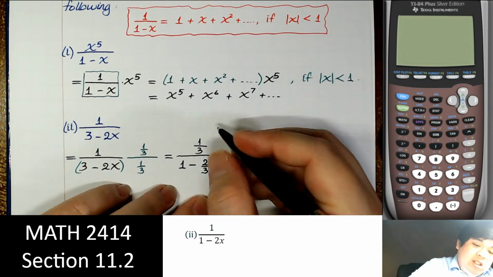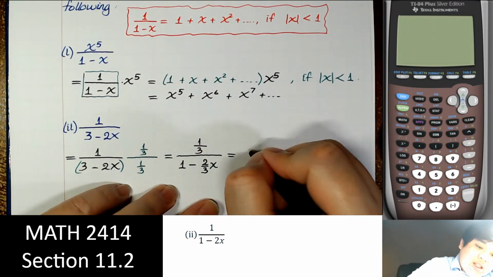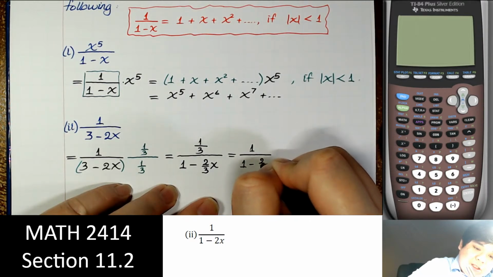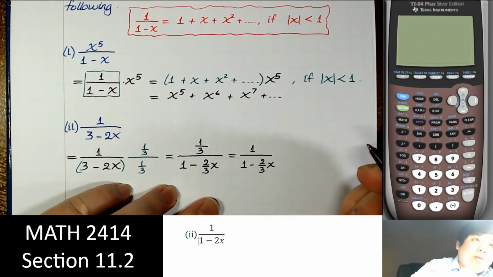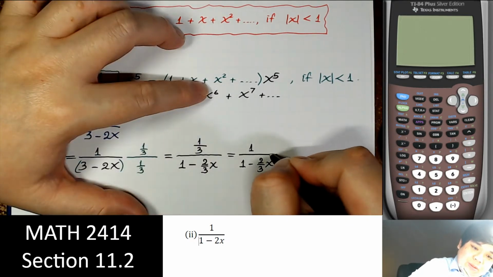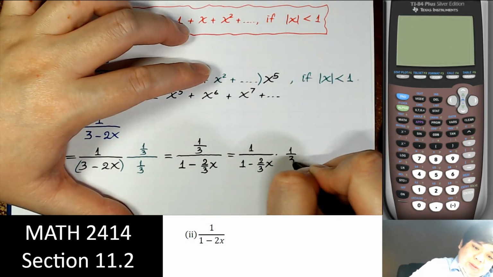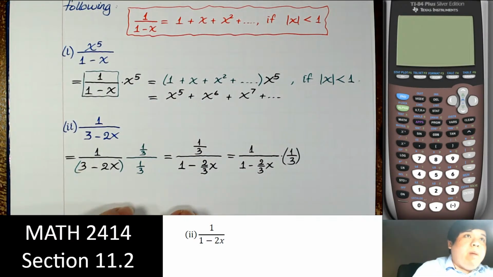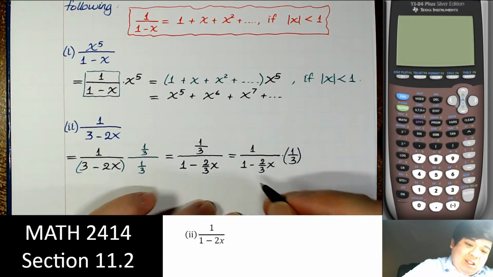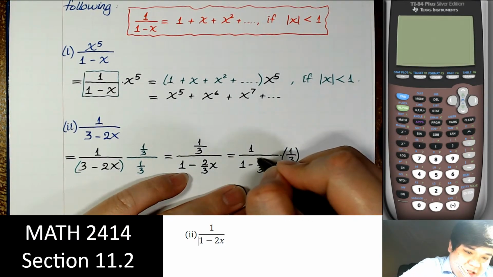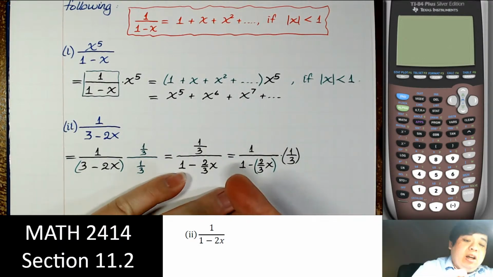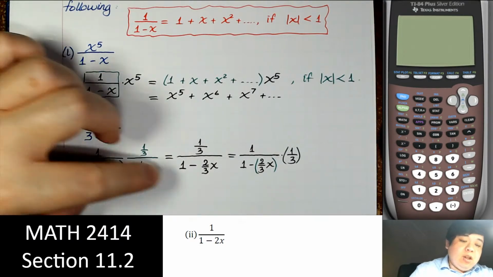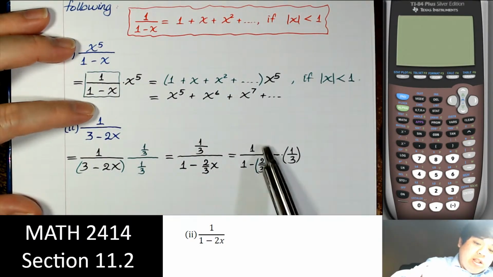The top doesn't matter. We can always move the 1/3 to the back and have 1 on the top, and just put parentheses around this. So we do have 1 minus something in that case, and with that, we can write the power series for this one.